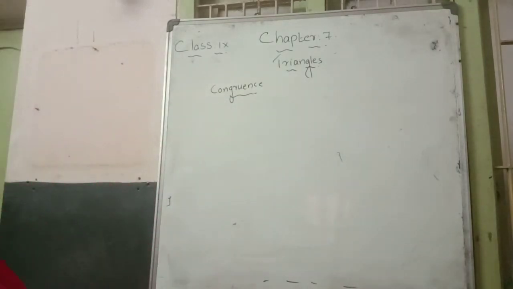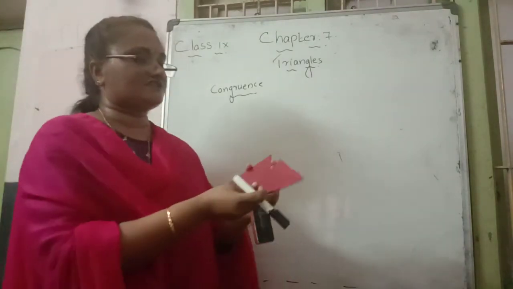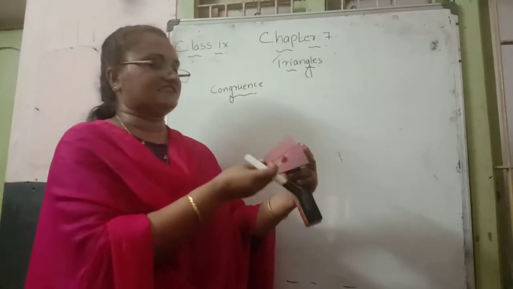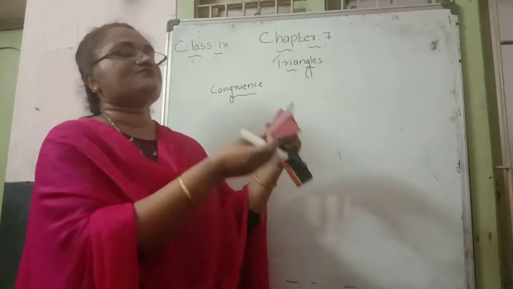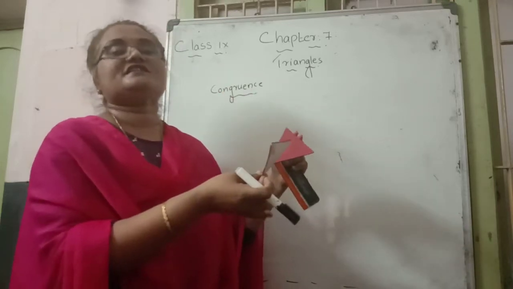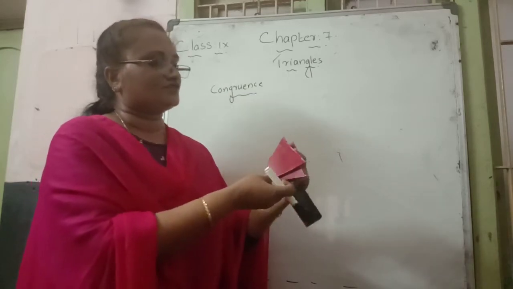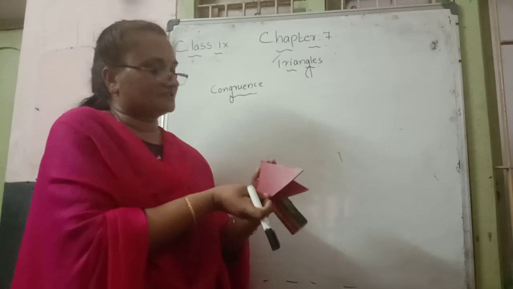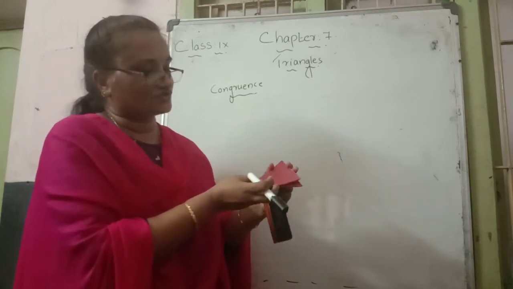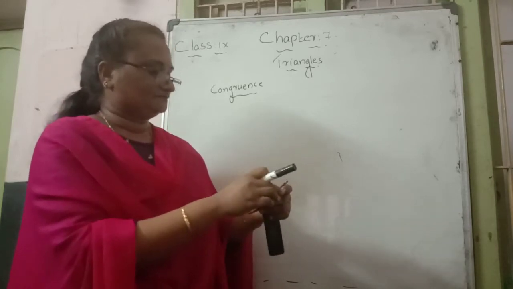Example, see here, two triangles are there. Look, they are triangles, and their size also becomes equal.